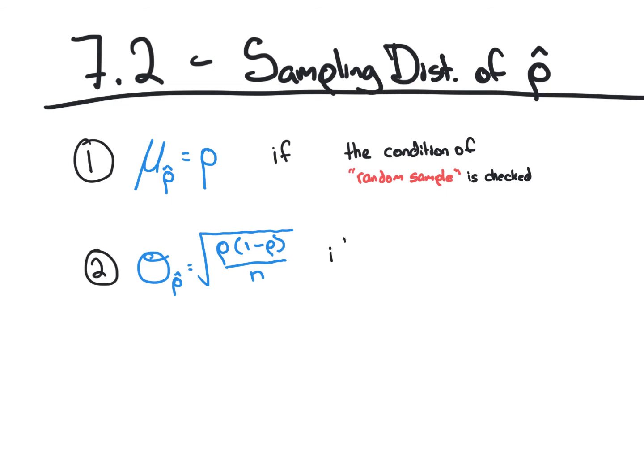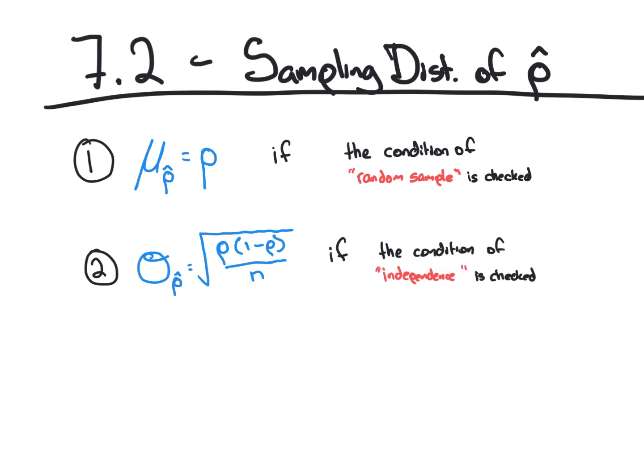But this only occurs if the condition of independence is checked. A standard deviation formula only works if everything is independent, if every probability calculation is independent, right? Otherwise, it breaks down. So we have to check for independence.